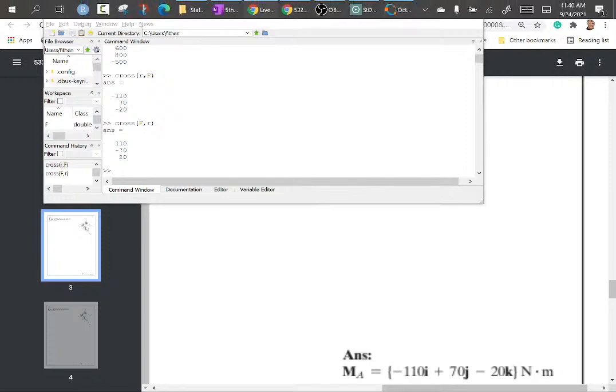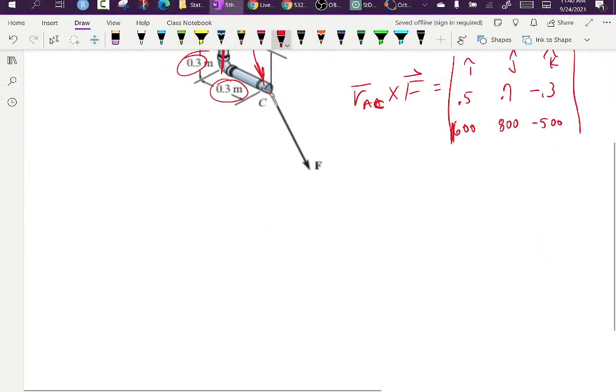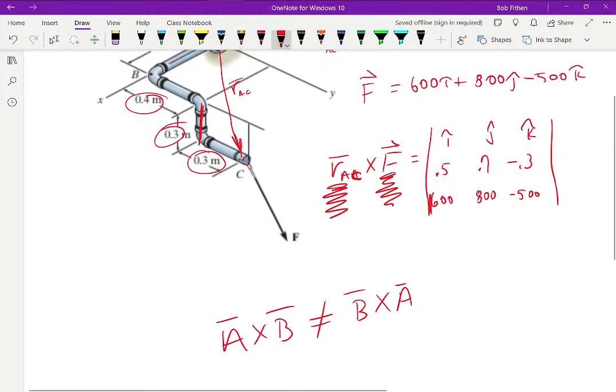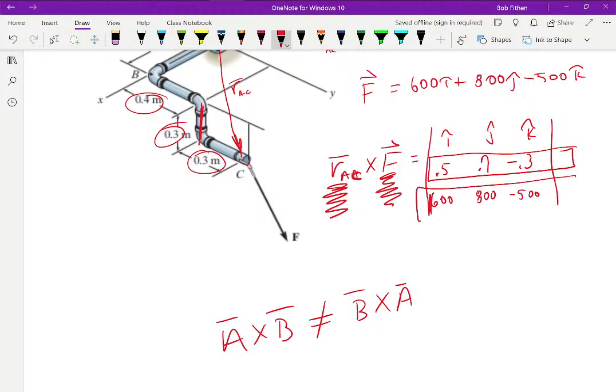What I'm getting at is if you have two vectors, A cross B does not equal B cross A. So be careful that R comes first and F comes second. R needs to occupy the second row. F needs to occupy the last row, third row. So just be aware of that.